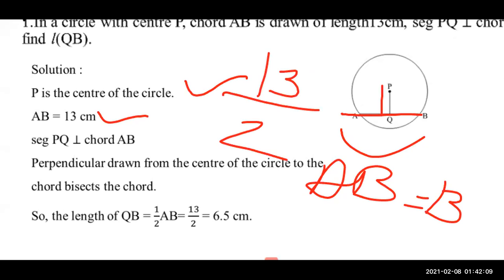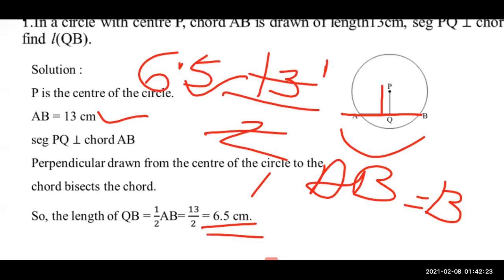If we divide 13 by 2, 2 ones are 2, 2 sixes are 12, 1 is carry, then we will take 0. So 6, 2 fives are 10. That means it is 6.5 centimeter. So the length of QB is 6.5 centimeter.